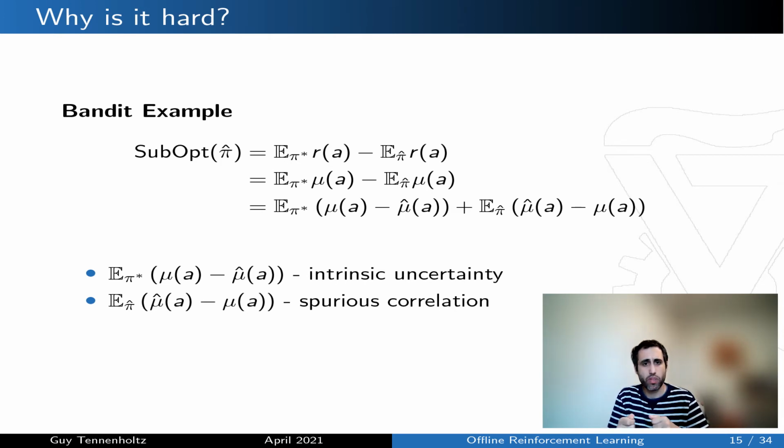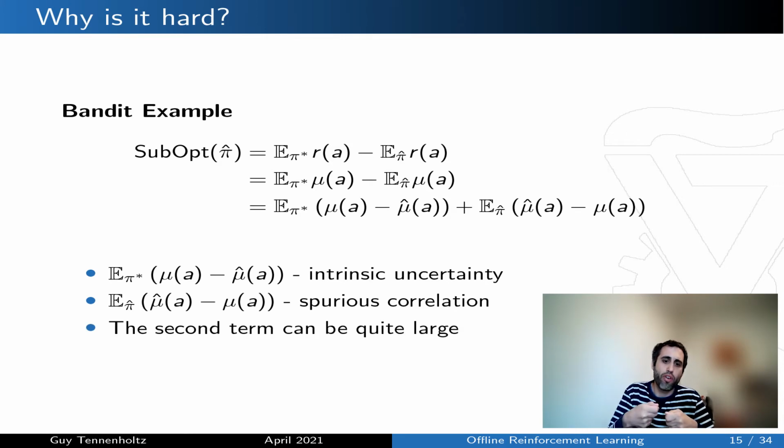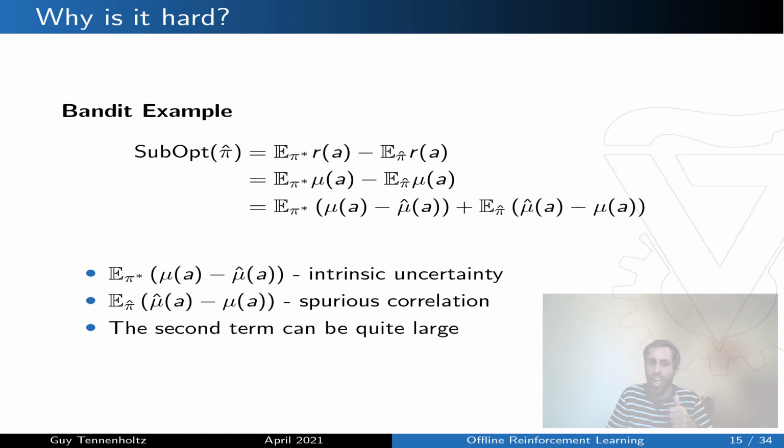This becomes a problem because pi hat was greedy with respect to mu hat. So this correlation term can become pretty large whenever mu hat is a bad approximation of the true mu. Let's see graphically why this would happen.